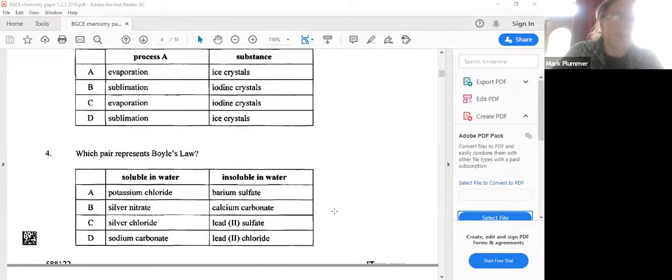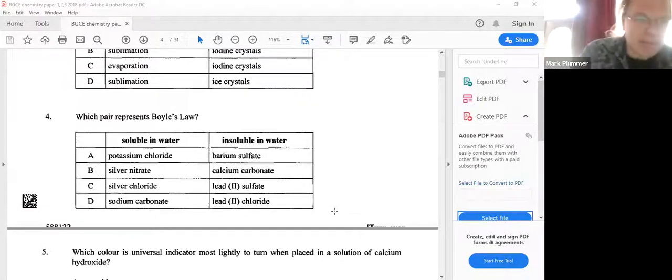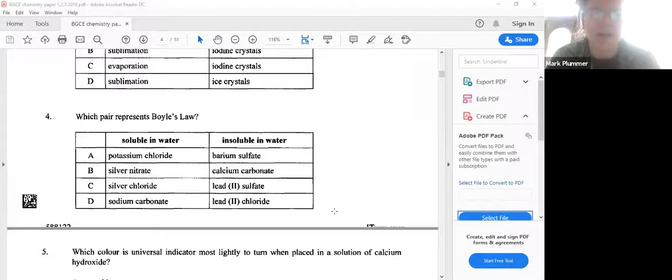Number 4. Now this one is what we commonly refer to as something of a stinker. I'll be honest, I had to go and look it up just to make sure. What this one is looking at is asking you to find the most soluble pair in the question and bring them both together and apply them to Boyle's law.